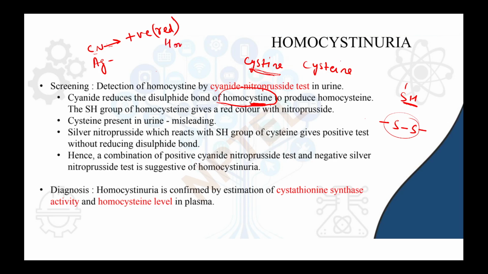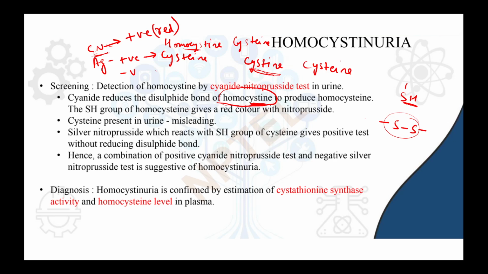It can give a positive result for both homocysteine and the monomeric form of cysteine that is already present in urine. So if we do just this test, we won't understand whether we have homocysteine or cysteine in the urine. If we combine it with the silver nitroprusside test and that test is positive, that means we have cysteine in the urine, which is normal.